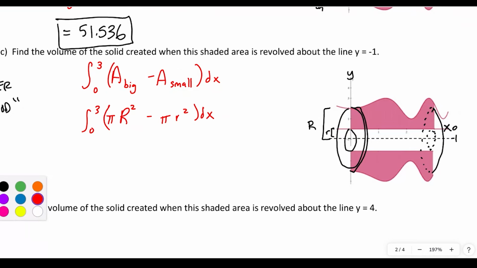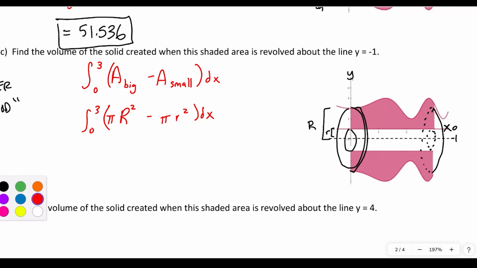The other radius is the height of the function plus 1, because it's 1 above what we're revolving around. So this is the value of the function from 0 to whatever, plus this 1 unit here. In other words, this is y plus 1.